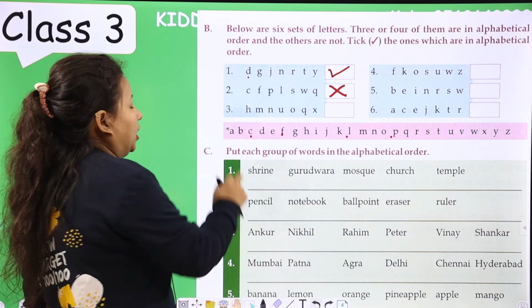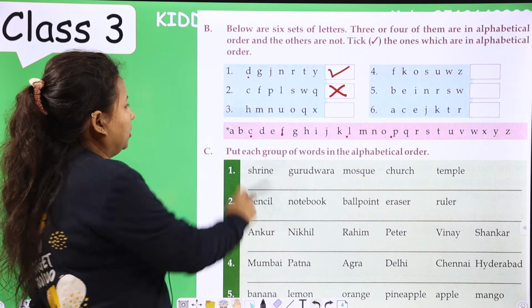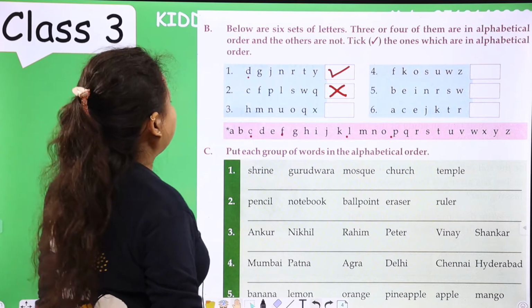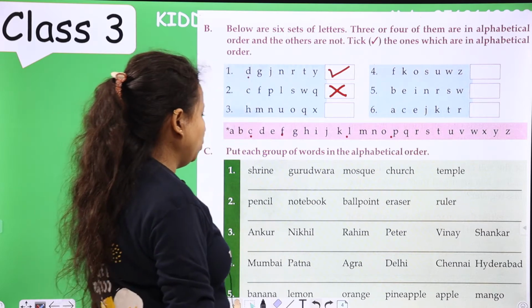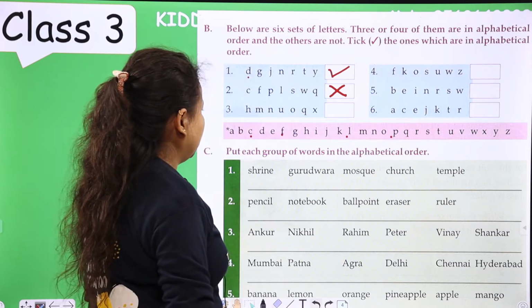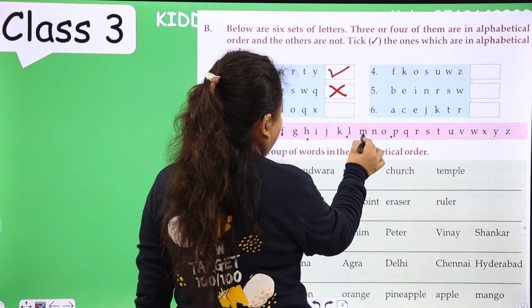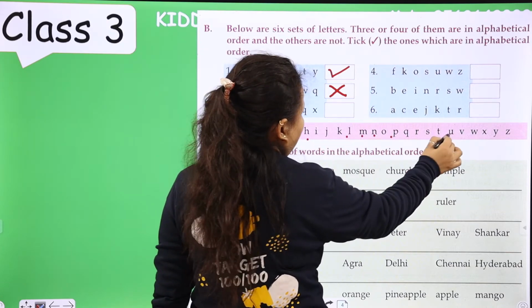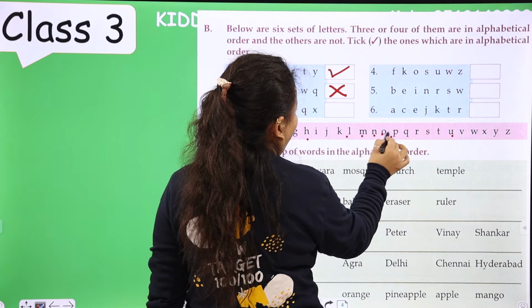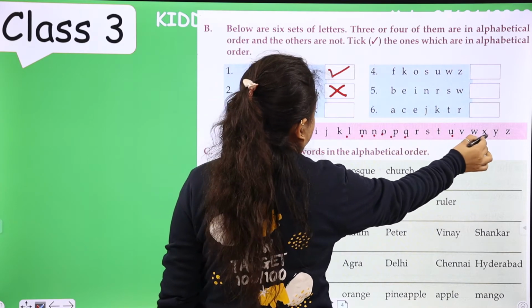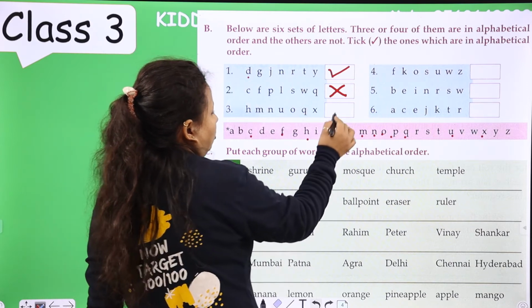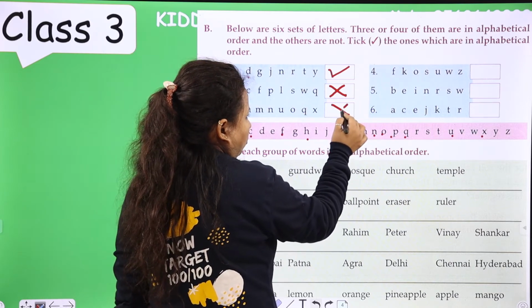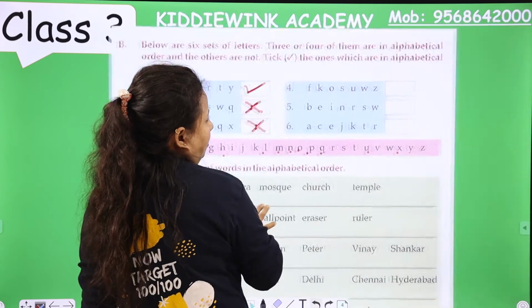Okay. अब थर्ड देखेंगे. H, M, N, U, O, Q, X. So, H, M, N, U, O, Q, X. No, this is again not in alphabetical order. So, we have to cross it again.